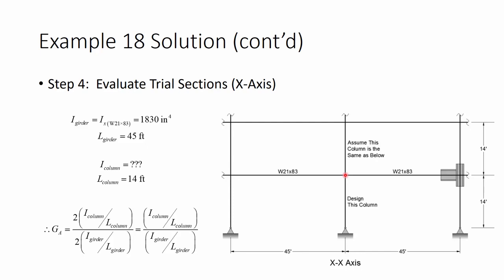So the G value would be computed, as you can see down below, as an I over L of the column plus an I over L of the column, so 2 I over L's for the columns, and the same thing for the girders: an I over L for the girder on the left and an I over L for the girder on the right, so 2 I over L's for the girders. But you can see I have a 2 and a 2, so I just cancel that. This slide is just me doing a little bit of algebra to make some of the calculations that I do later less repetitive and more straightforward.